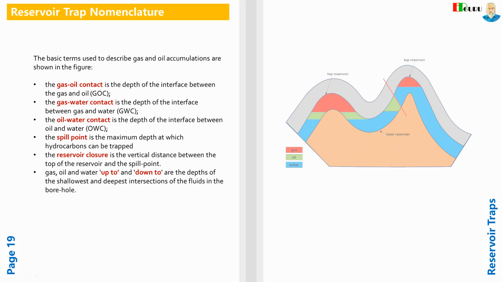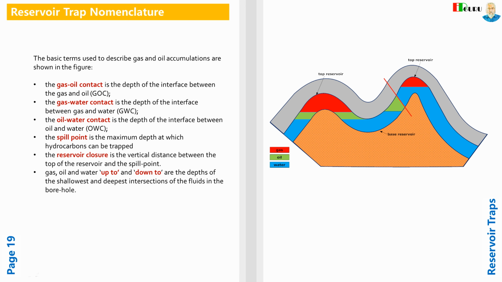The basic terms used to describe gas and oil accumulations are shown in the figure. The gas-oil contact, GOC, is the depth of the interface between the gas and oil. The gas-water contact, GWC, is the depth of the interface between gas and water. The oil-water contact, OWC, is the depth of the interface between oil and water.